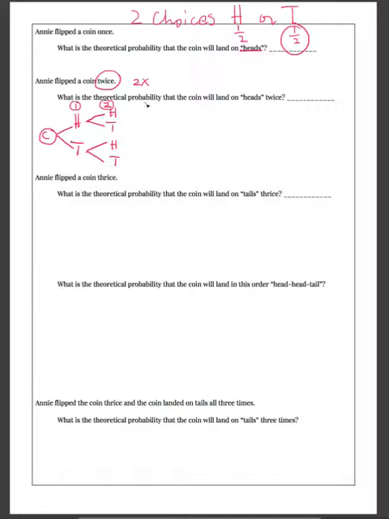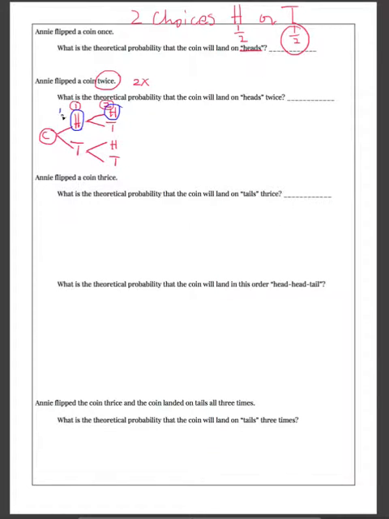So now it's asking, what is the probability that the coin will land on heads twice? So we want head and head, okay? So what is the probability it will land on head? As we determined here, since there are 2 sides of a coin, there's a 1/2 probability it will land on head.